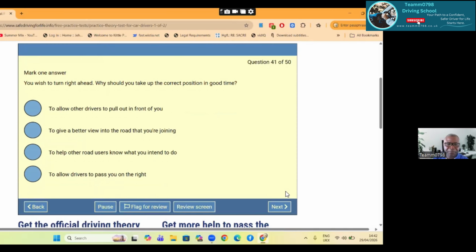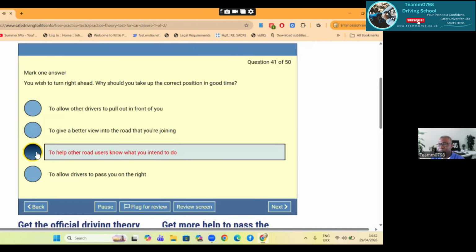So what's the correct answer? To allow other drivers to pull out in front of you? No. To get a better view into the road? That's not correct. To help other road users know what you intend to do. That's the correct answer. The others here are even dangerous.